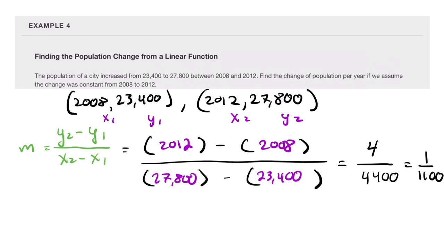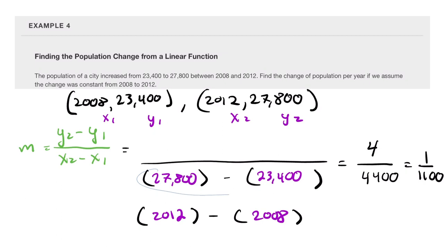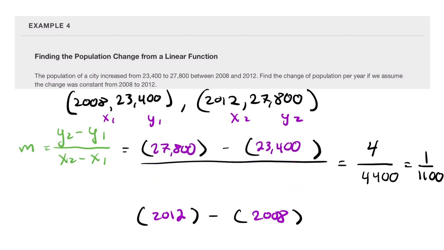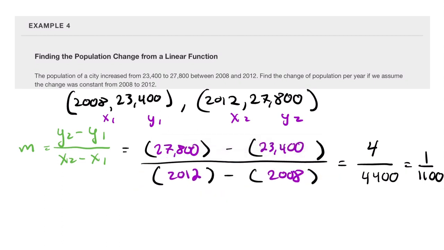Basically this goes to the bottom and this goes to the top. That makes more sense, actually. So then that causes this to flip.